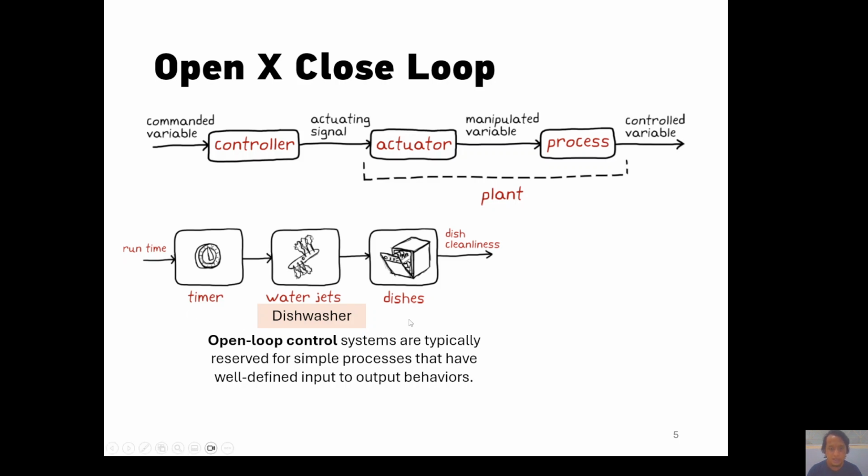the dishes should be clean, but whether it is clean or not, we don't know. It is just based on the timer, so that's what is called open loop control. Sometimes open loop control is defined as typically reserved for simple processes that have well-defined input to output behavior.